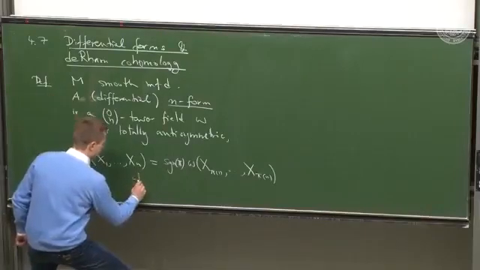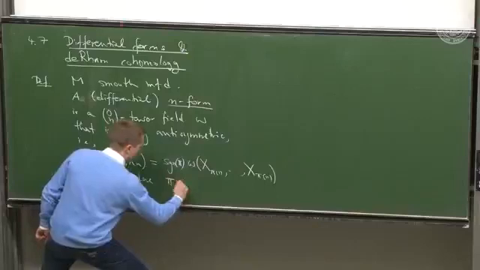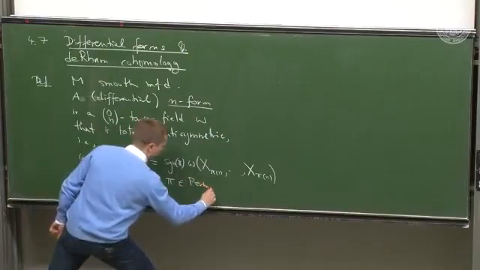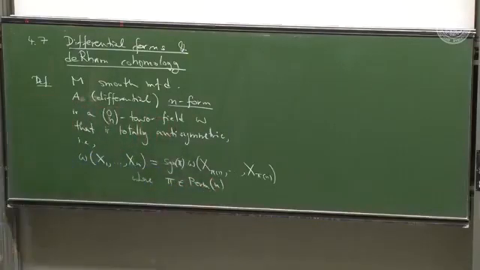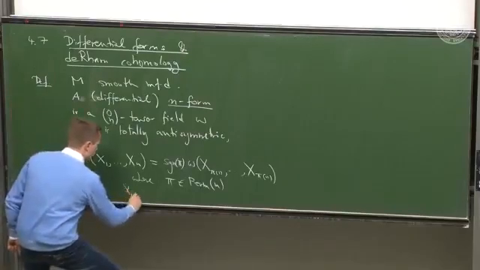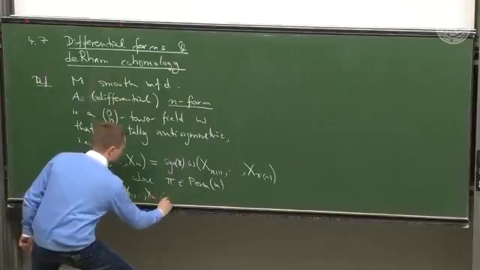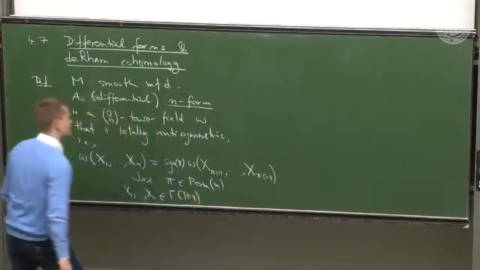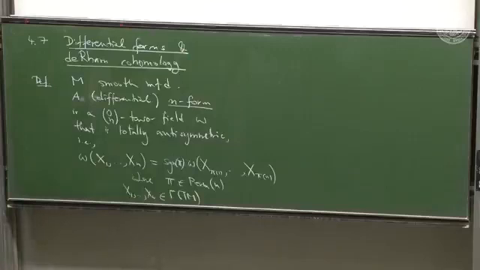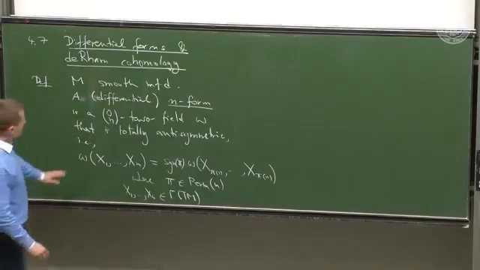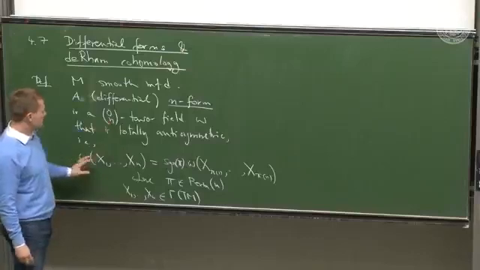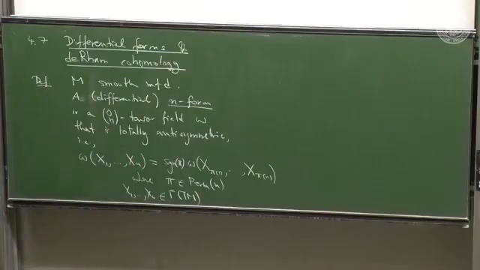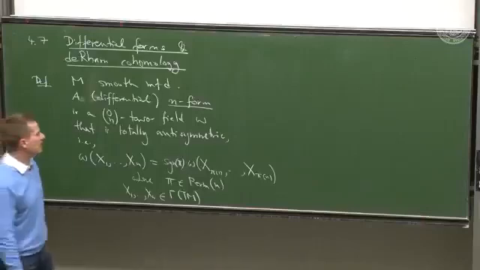So this is where pi is a permutation of the first n numbers, and obviously X1 to Xn are all vector fields, so they're smooth sections of the tangent bundle. Any such (0,n) tensor that has this total antisymmetry property is called an n-form.